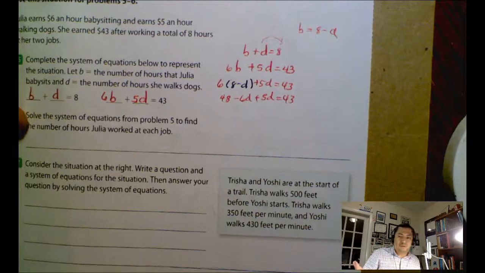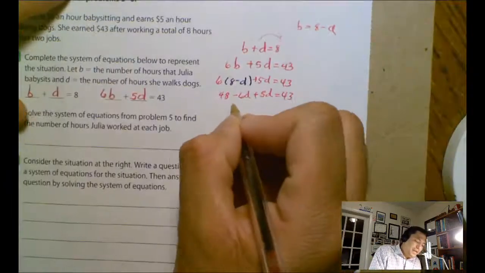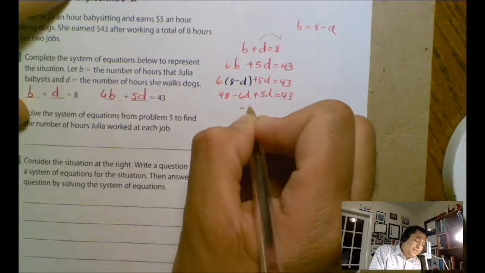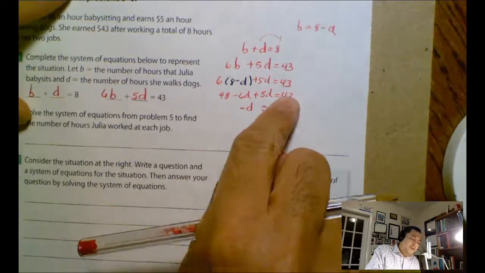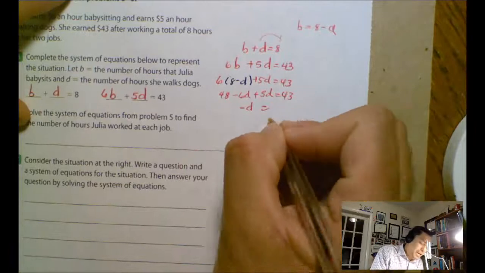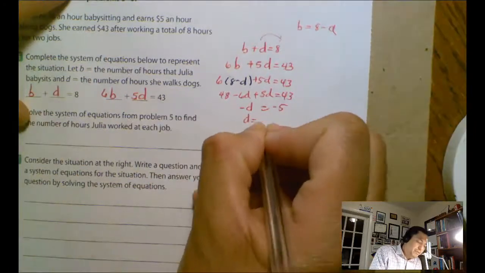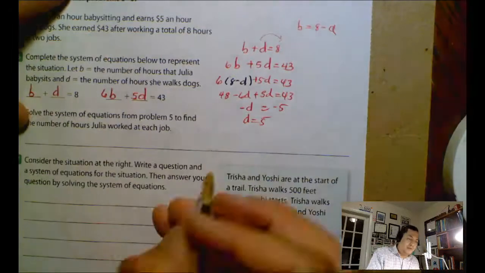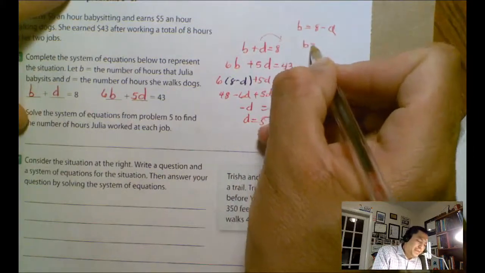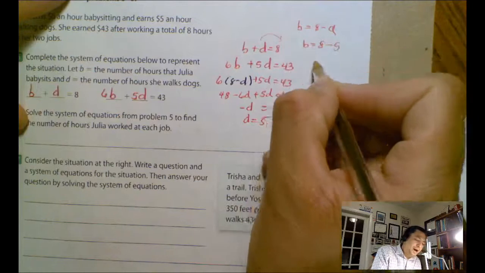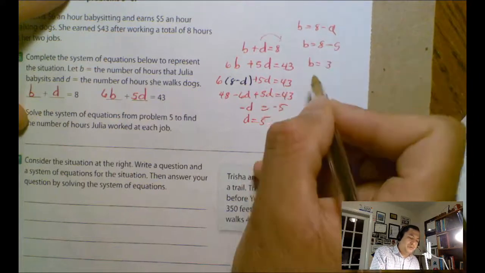So I'm going to solve for the dogs. Then I have negative 6 plus 5 is negative D equals 43 minus 48, which equals negative 5. If we multiply both sides by negative 1, we have that D equals 5. We know the first value. So now look at this one: B equals 8 minus 5. So B equals 3.